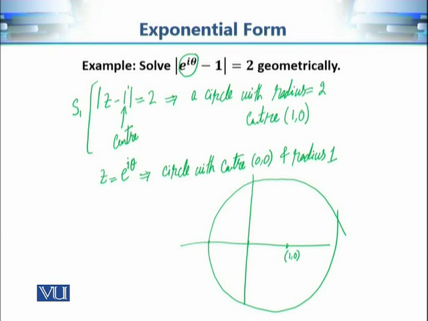Now let's consider this is our S1. Now let's consider this S2 circle. This S2 circle has center (0, 0), and the radius is 1. In other words, it will pass from this point to this point, and we will be getting this circle.